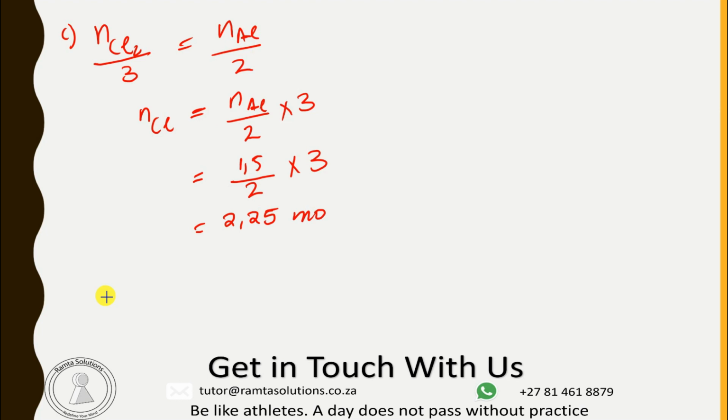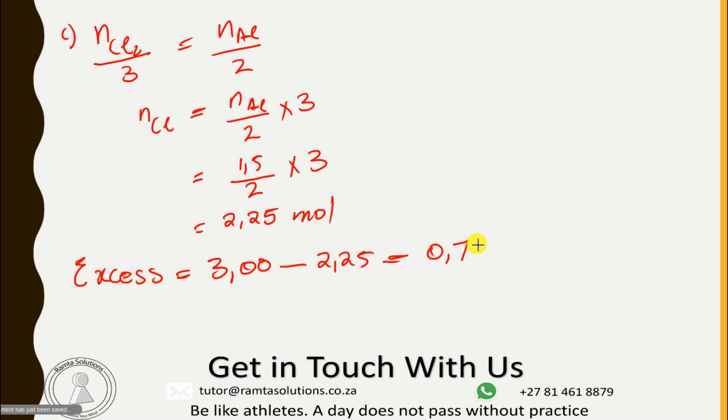Therefore, our excess is chlorine. We fed 3, and we only need 2.25. So what is our excess? It is 0.75 mole.